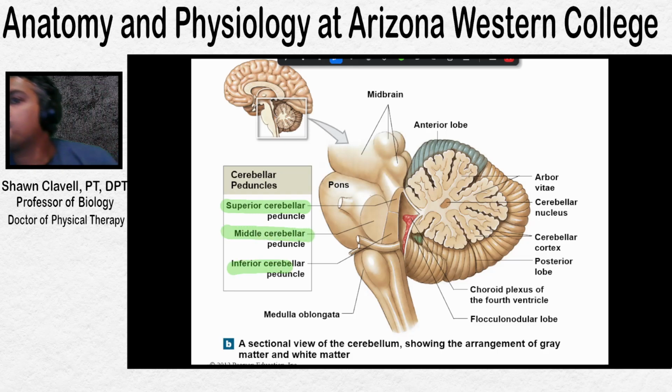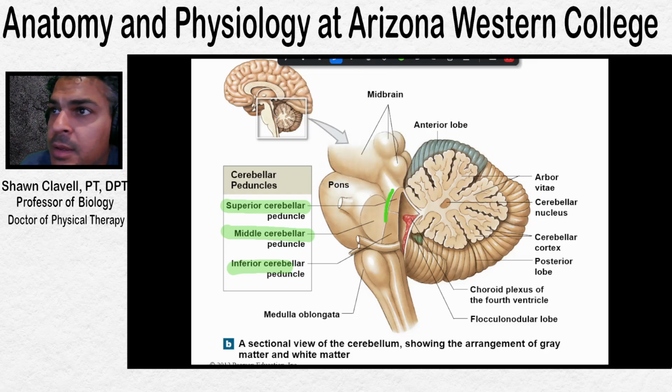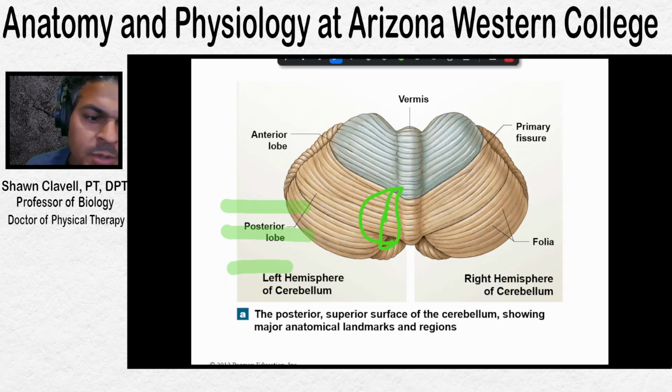Here, this is the sectional view of the cerebellum, showing the arrangement of the gray and the white matter here. That is right, actually here, right? And even including this portion here, which is going to be some major input there. So where's the slide that I wanted to mention here?